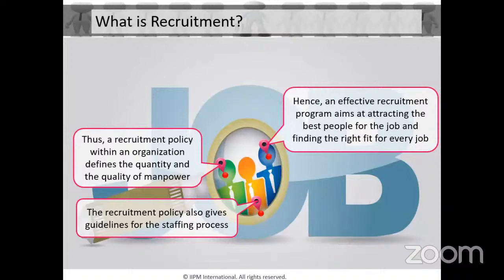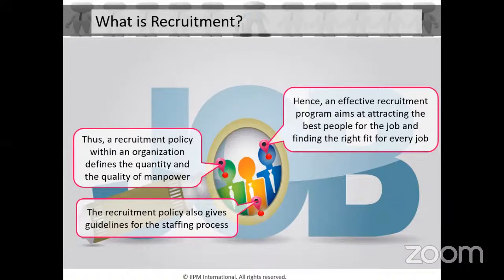Thus, a recruitment policy within an organization defines the quantity and quality of manpower needed in that organization. The recruitment policy will also give guidelines for the staffing process, because the guidelines will be impersonal. It will not be personal. It will not be looking at how the person looks, how the person talks.